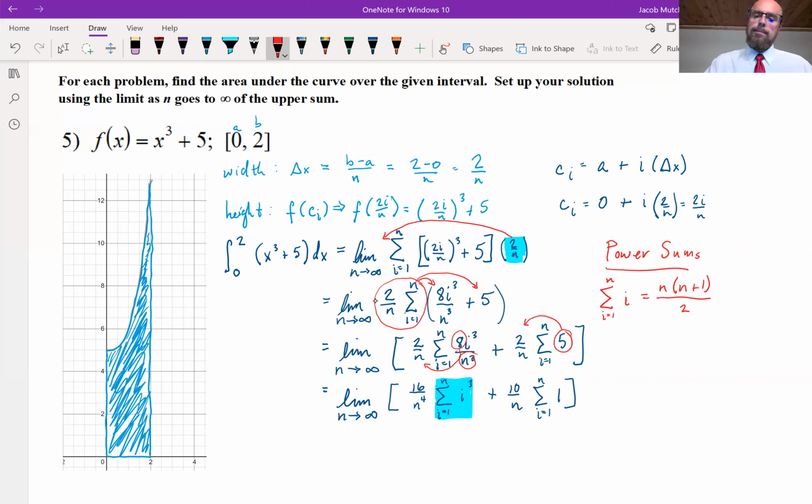We're really after i to the power of 3. But again, I want to give these power sums so that you have access to them. We would also consider the summation from i equals 1 to n of i squared. And again, that's given by the expression n times n plus 1 times 2n plus 1, all over 6.